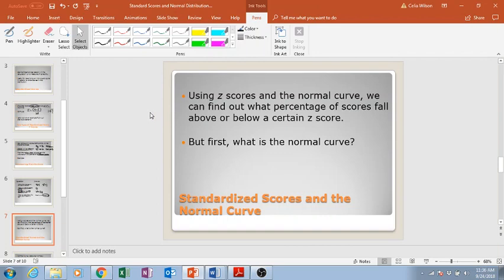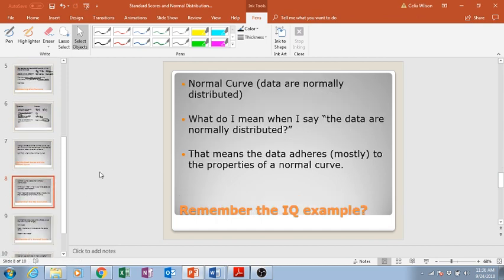Now, in another presentation, I talked a little bit about the normal curve in relation to IQ scores, but the normal curve actually has some very specific characteristics, and again, it's going to become very critical in our study of inferential statistics.